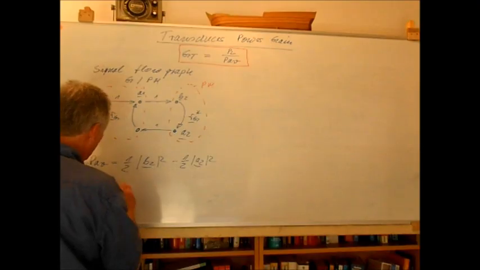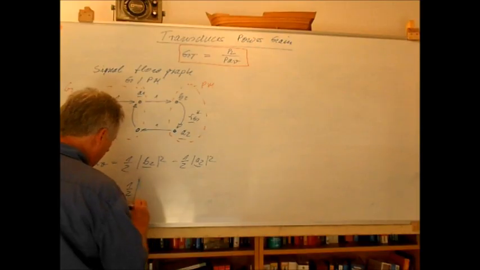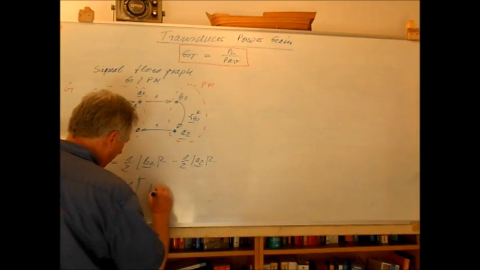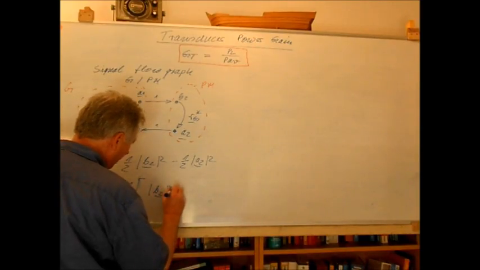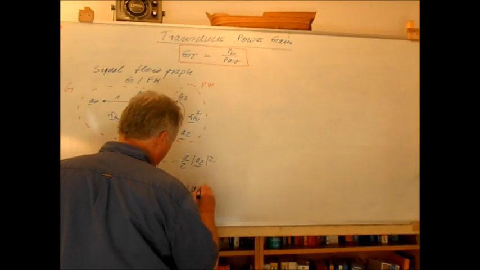So we will have 1/2 times the absolute value of B2 squared minus the absolute value of A2 squared.